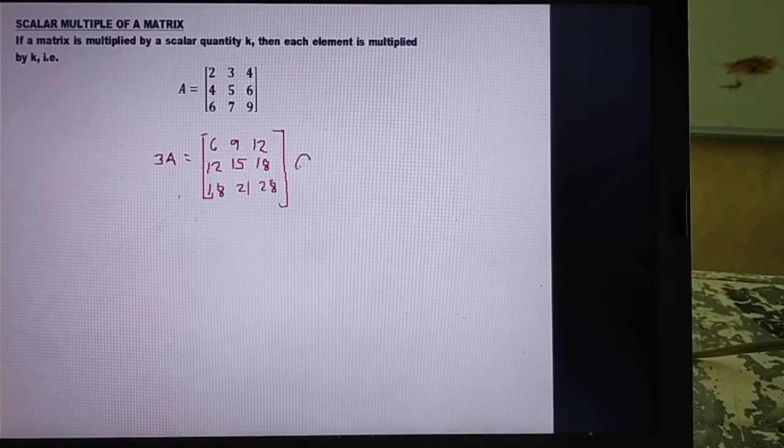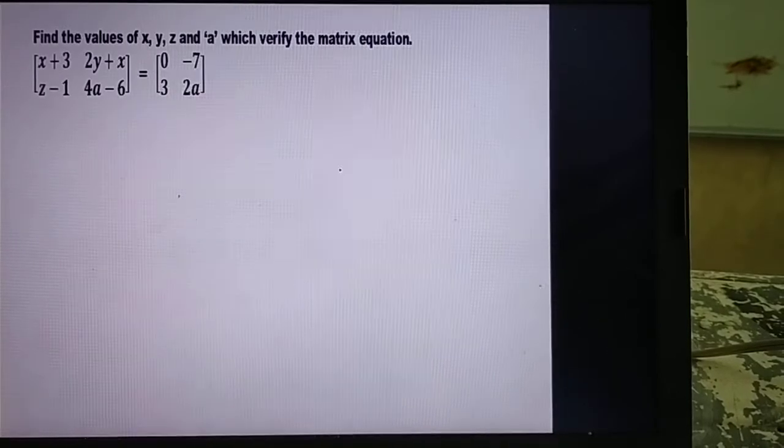So this is the answer. So this is an algebraic operation.